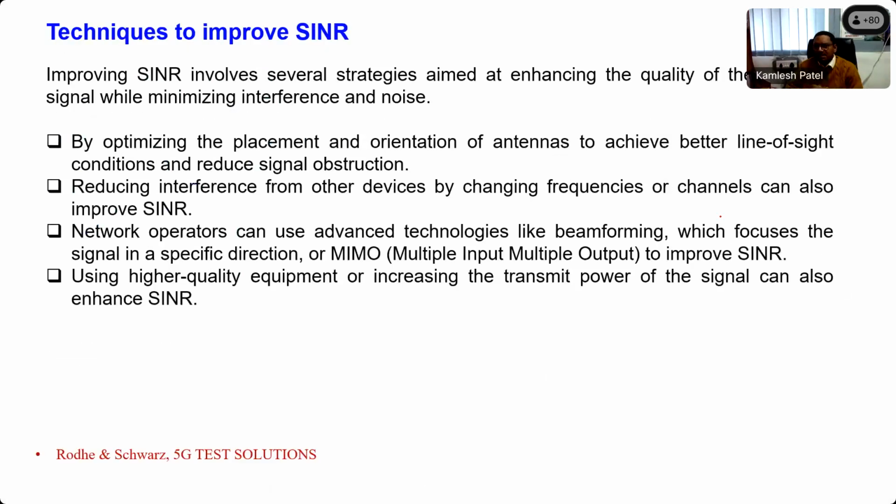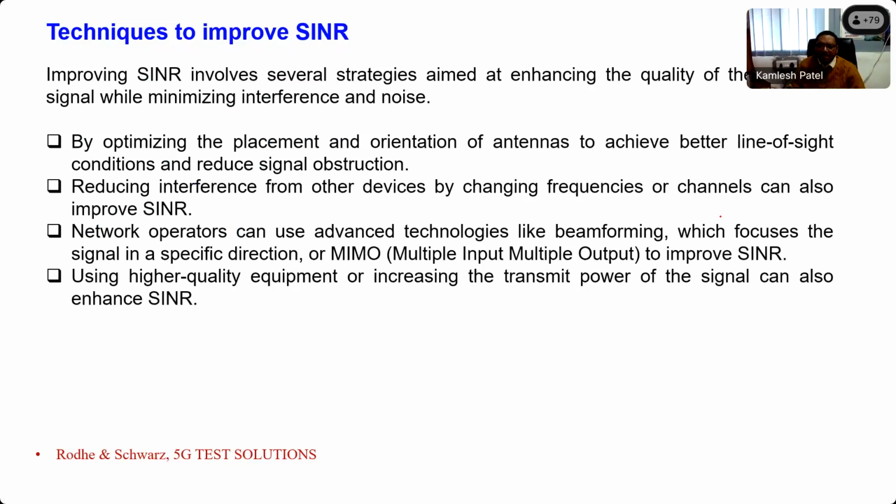As suggested, the network operator can use some techniques to enhance the value of SINR by optimizing the placement and orientation of the antennas to achieve better line of sight conditions and reduce signal obstructions. They can also reduce interference from other devices by changing frequency or channels, which can also improve the SINR.